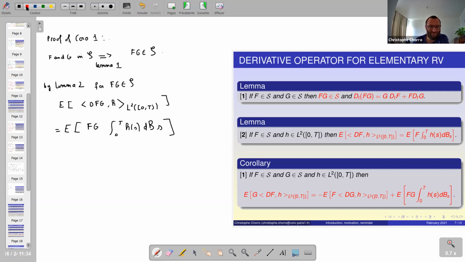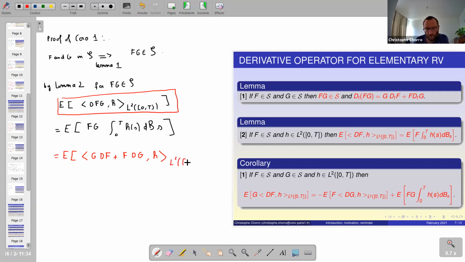But by the lemma 1, I know that the derivative of the product fulfills this relation. So I have here the expectation of j Df plus f Dj, h in L2 of 0 to capital T.